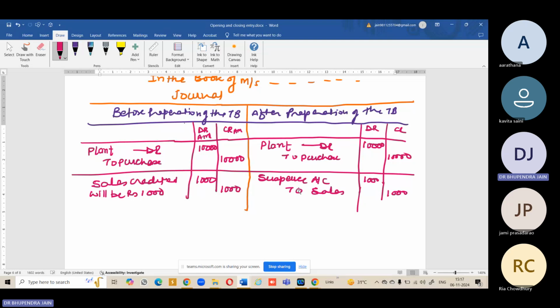Because the sales book is under cast, we have to increase the sales balance after preparation of trial balance. Then how will we increase? We will pass suspense account debit to sales. Next entry, done.